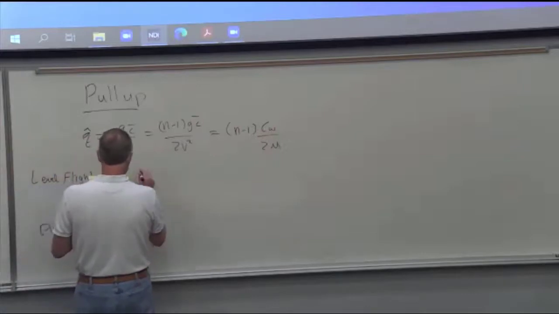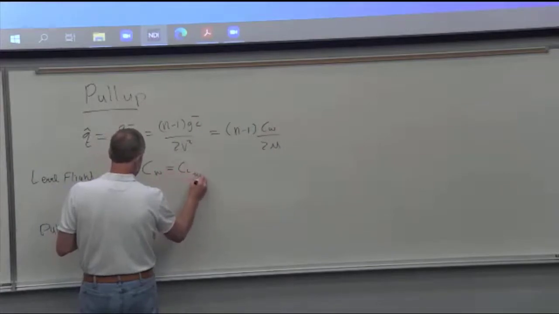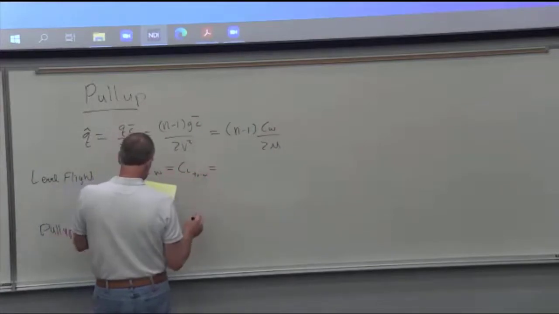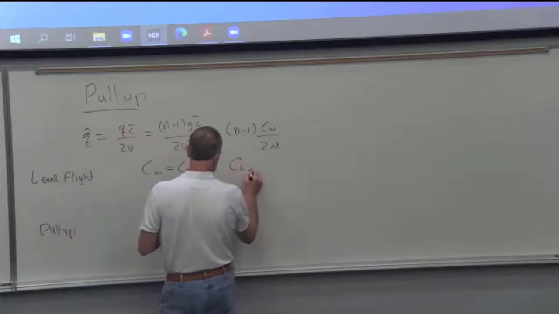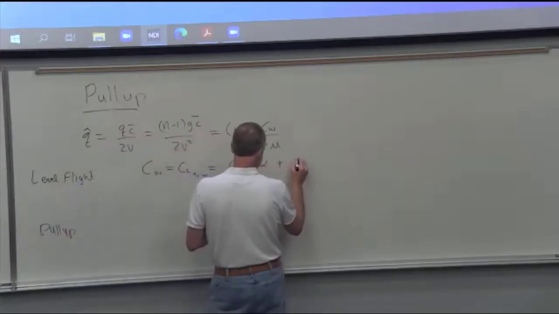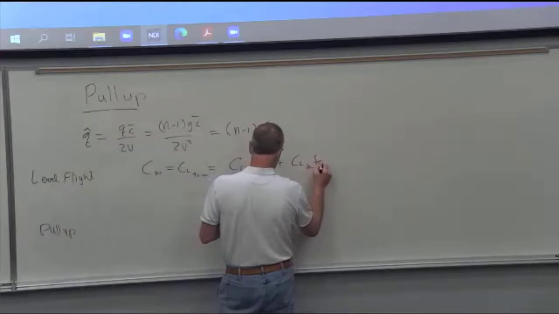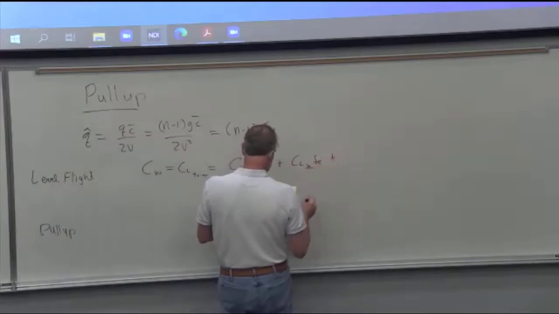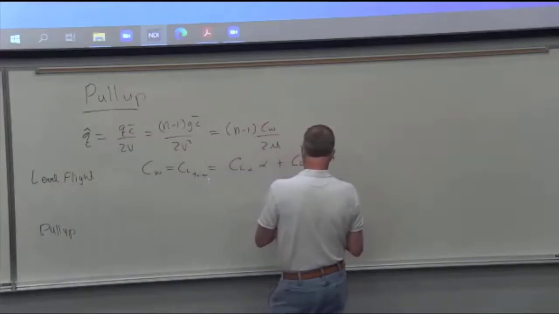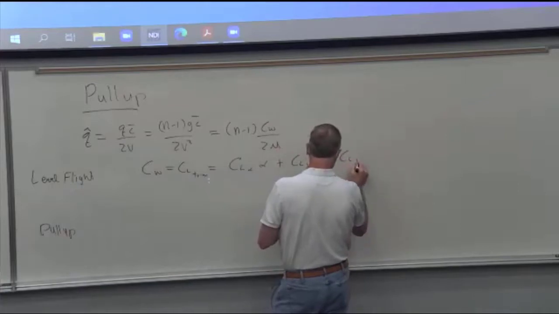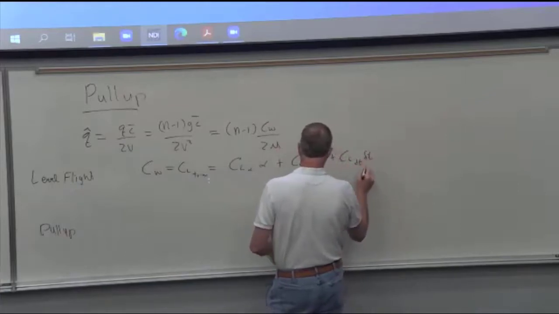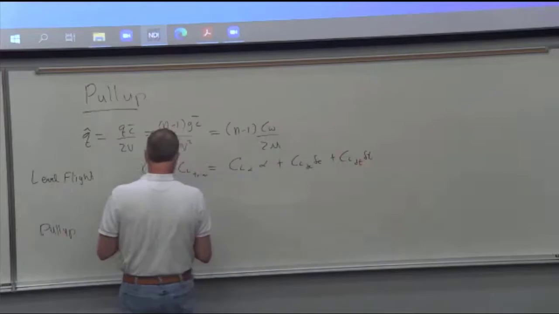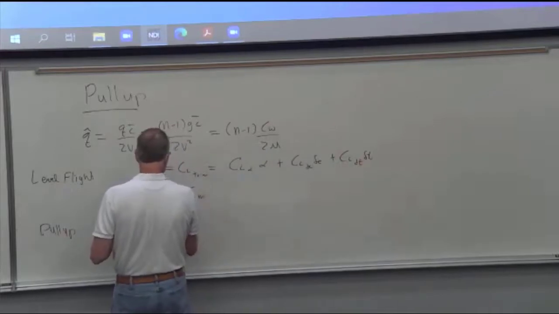So for level flight, pitch trim, CW is CL trim. And then pitch trim equation is the pitching moment is 0.